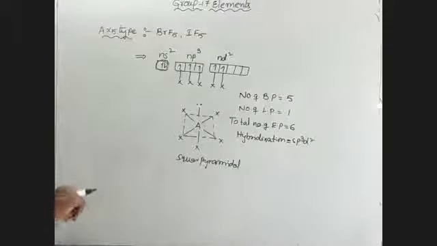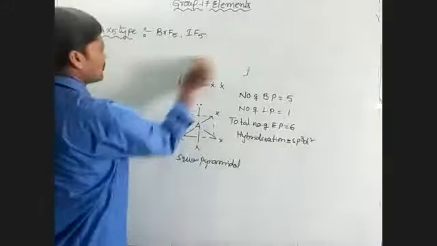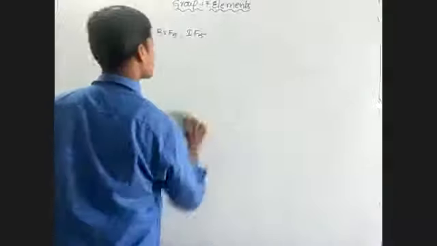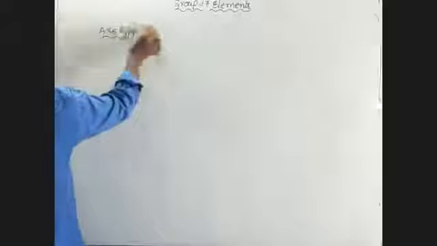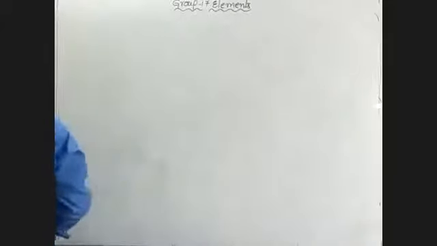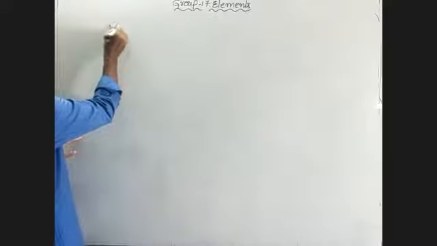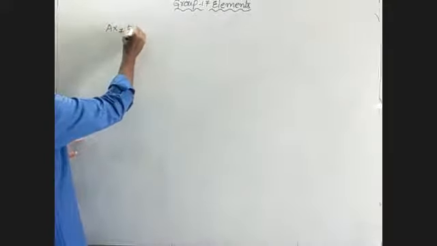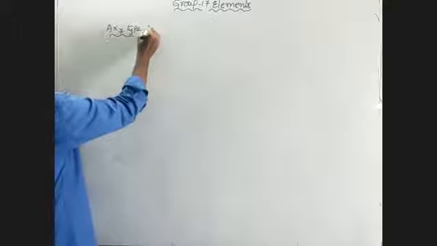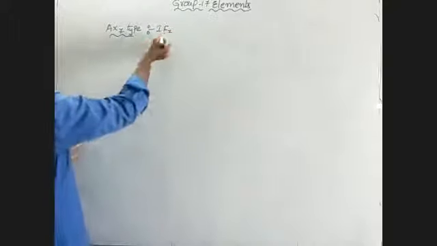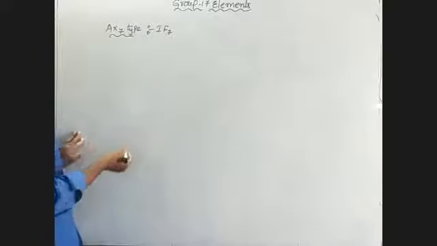Okay, next one. The last one is the structure of AX7, the AX7 type of interhalogen compound, for example IF7. The central atom is iodine.